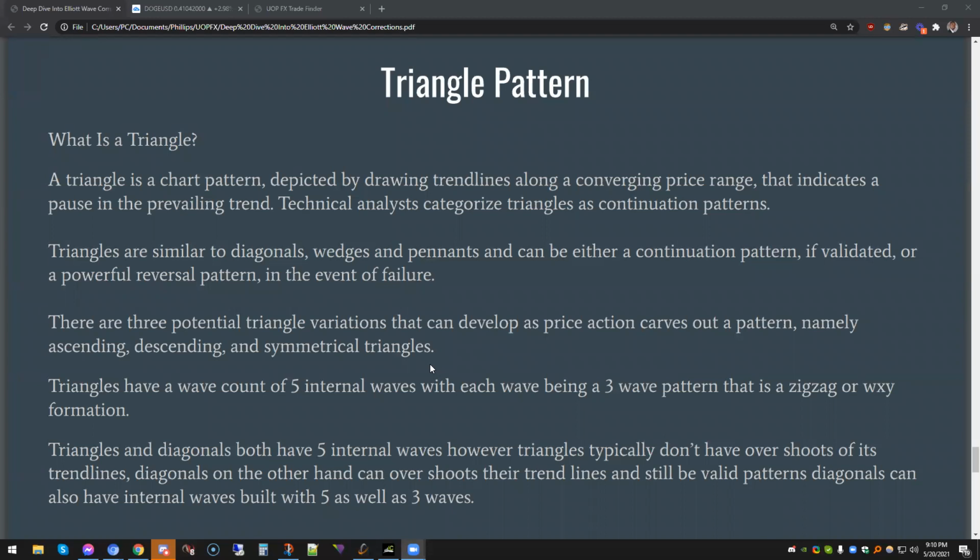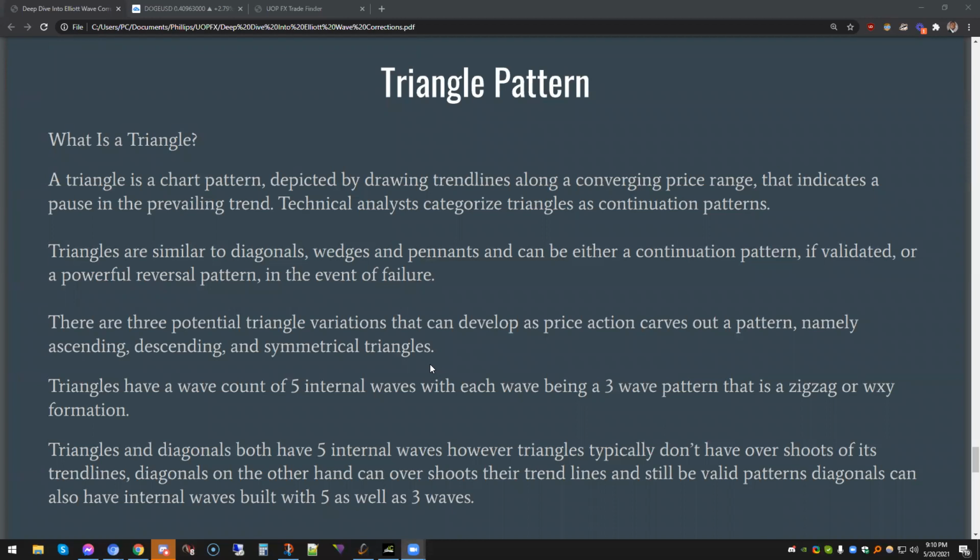We do also have certain cases where you could find a 5-wave construction inside of a diagonal. So you can have at least one or more waves inside of the diagonal being 5 waves. So it's a little bit different from a triangle.